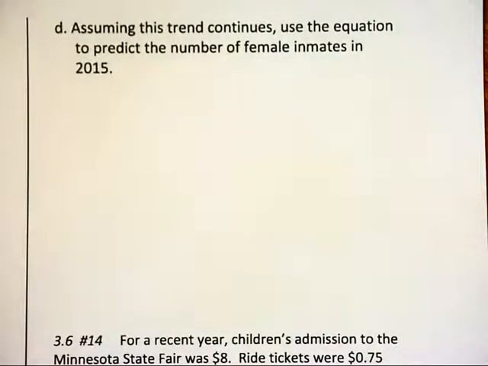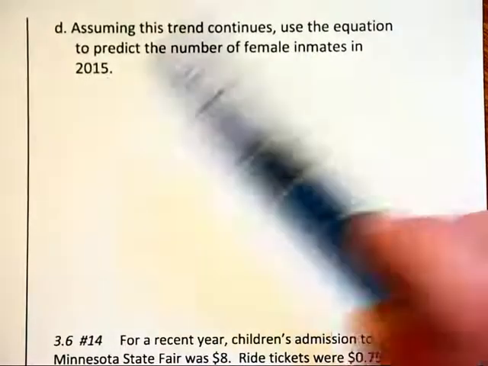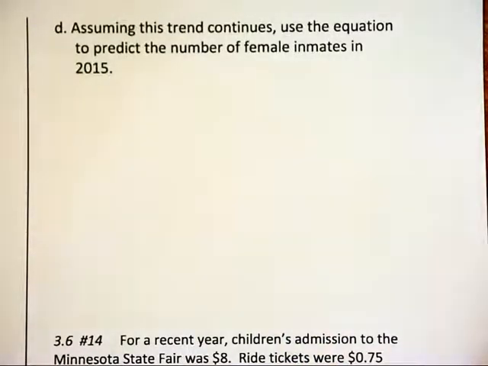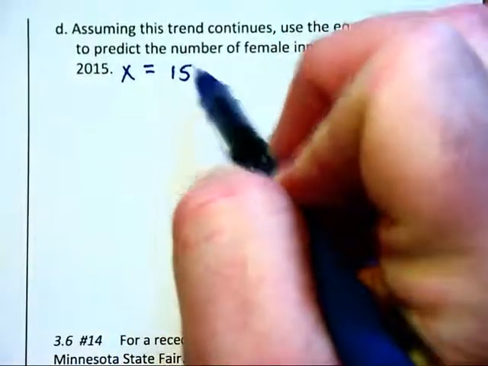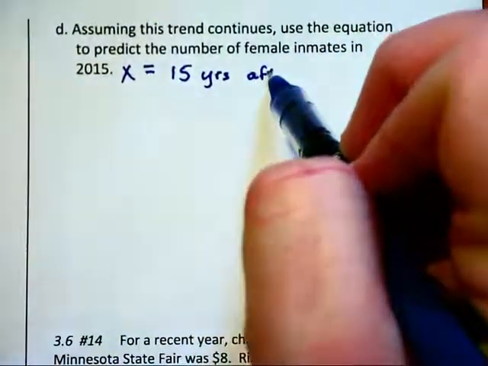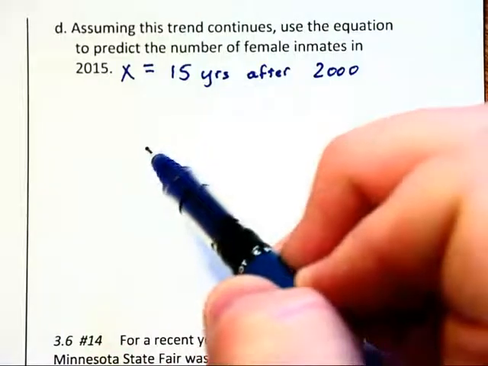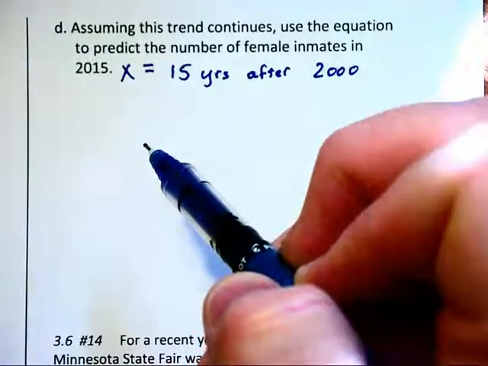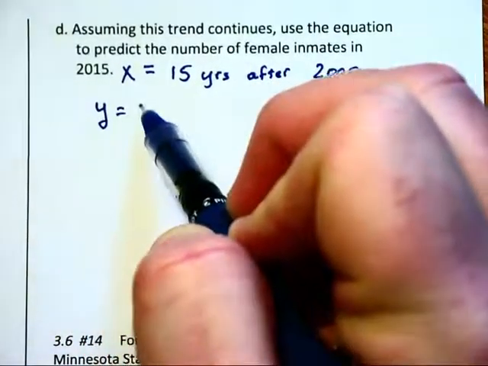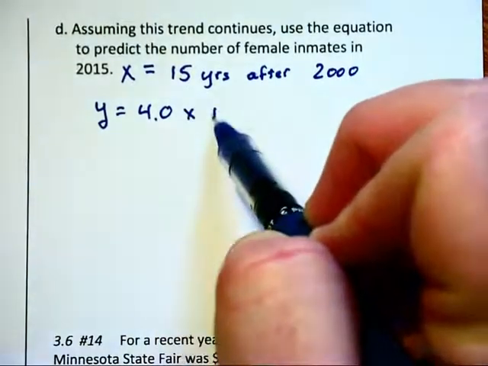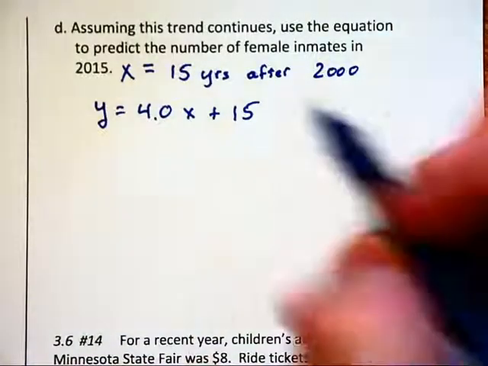Okay, in this final part, they're asking us to use the equation to make a prediction about the year 2015. Well, notice our scaling started at the year 2000. So x, in this case, is going to be 15 years after the year 2000. So we're going to be using 15. And so for the female inmates, this is going to be y equals 4.0x plus 71.